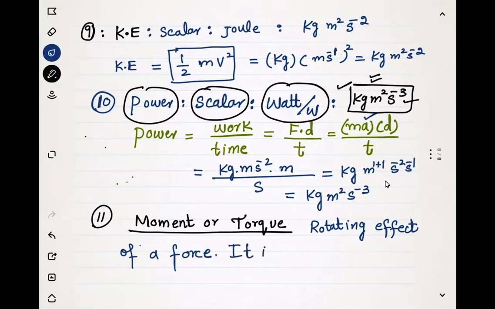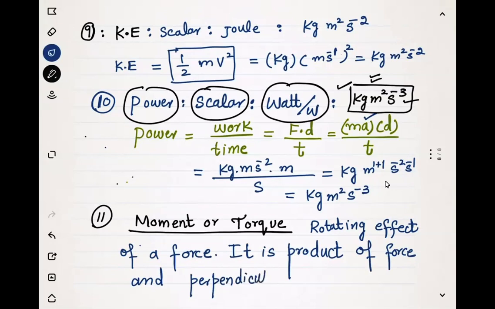It is the product of force and perpendicular distance of line of action of the force from the pivot.